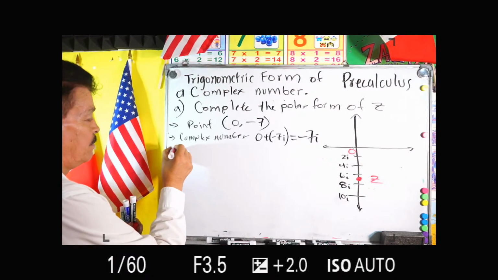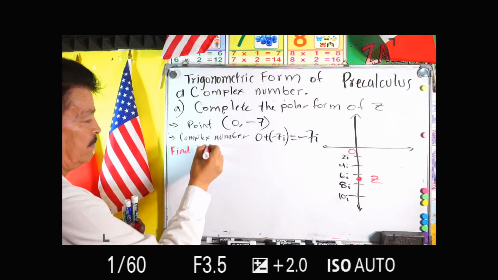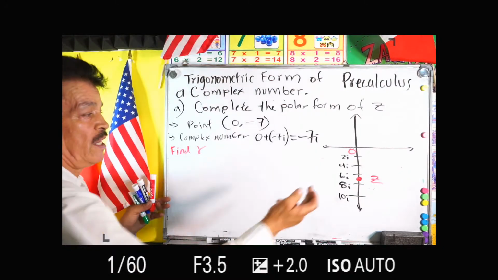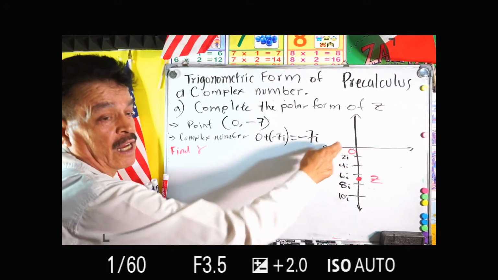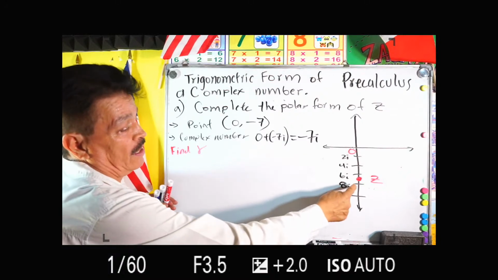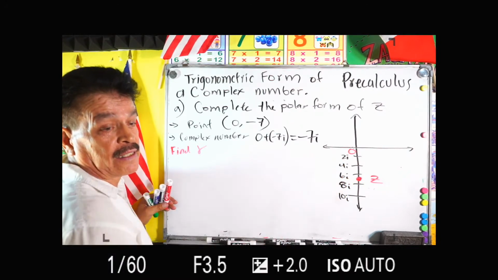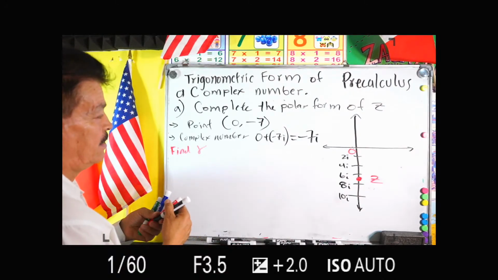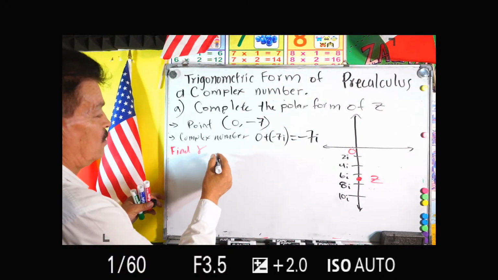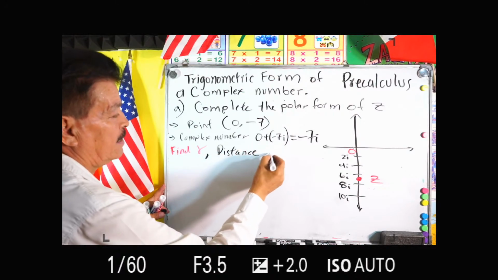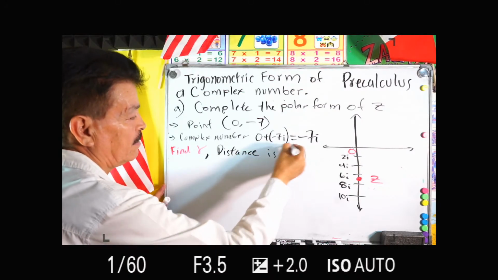Find r. How do we find r? r is the distance between the origin and the point negative 7 right here. That's the distance. So what is the distance? The distance is 7.